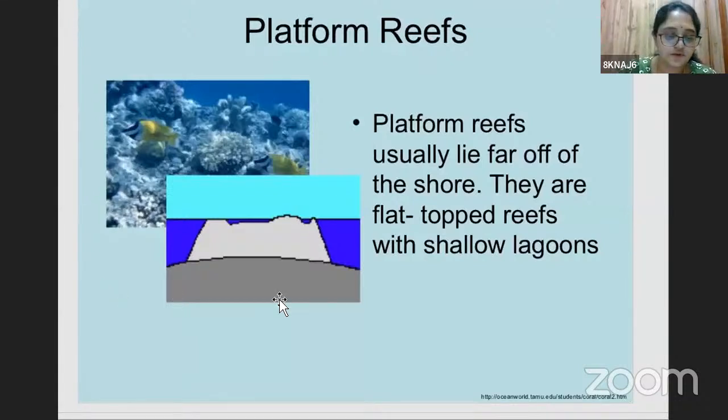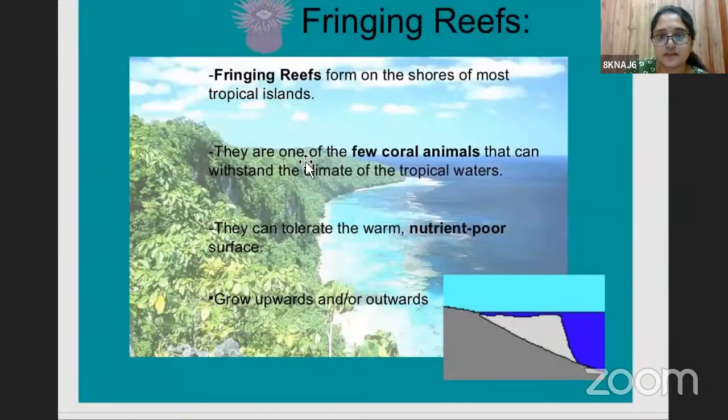So when it comes to the different kinds of coral reefs, you have three major types: the fringing reefs, the barrier reefs, and the atolls. Fringing reefs are on most of the tropical islands, with a few of the coral animals present, and they can tolerate nutrient-poor surfaces also.